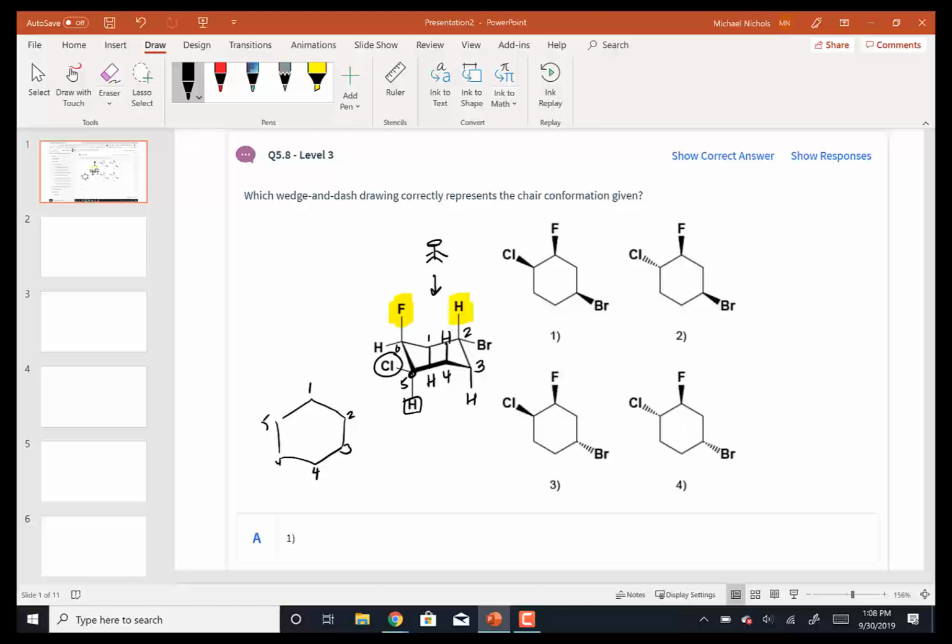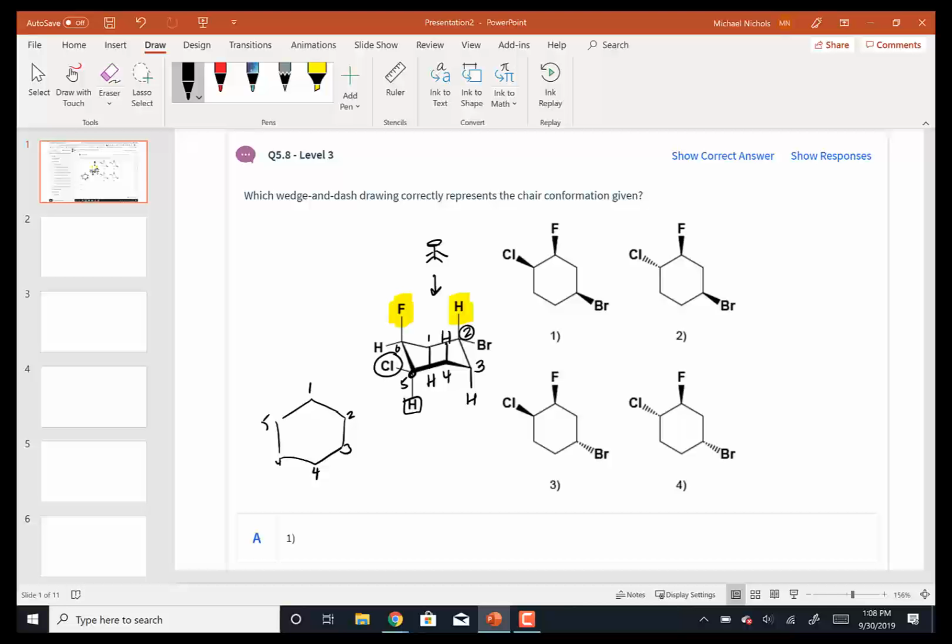Two hydrogens. We don't have to write those down. What's attached to carbon 2? A hydrogen and a bromine. For carbon 2 here, should the bromine go above the plane or below the plane?